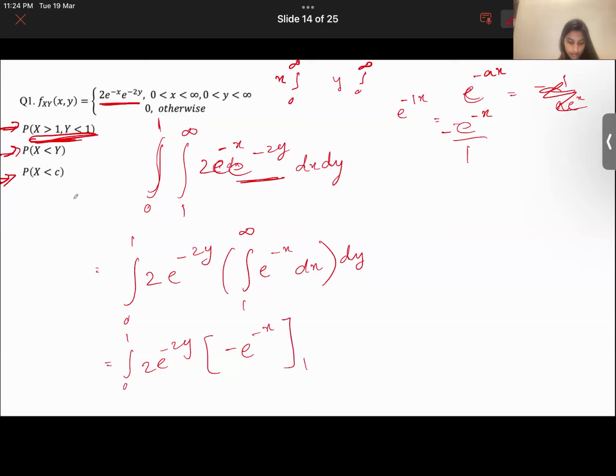This you have to integrate over 1 to infinity, and then dy.